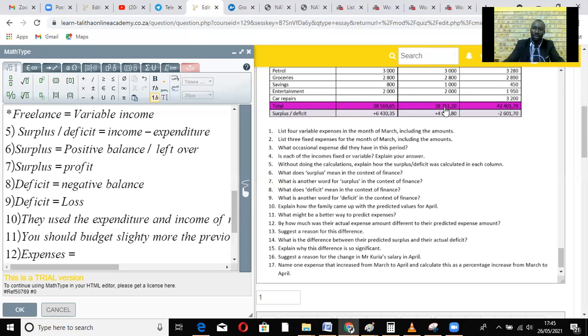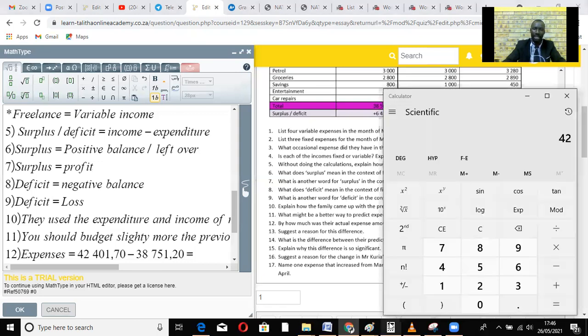Which is 42,401.70 minus 38,751.20. So this would give us the difference in the predicted and the actual expense.